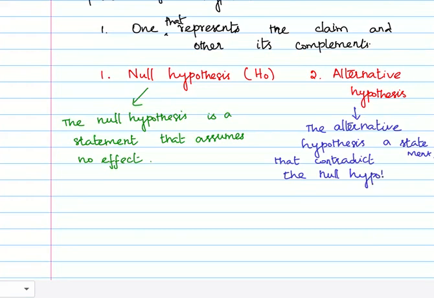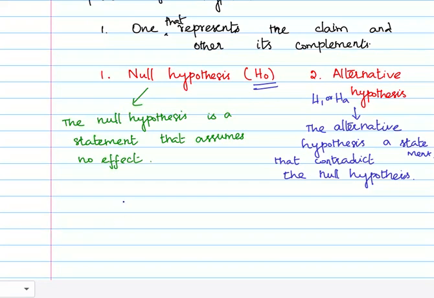So what is the meaning? It has some effect. The null hypothesis is always denoted by H naught. The alternative hypothesis is sometimes denoted by H1 or HA. Some people use the capital letters also. This is the alternative hypothesis.